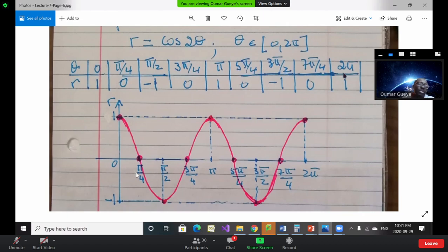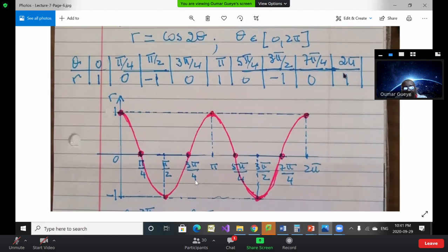And as I told you, based on what we did in the first graph, anytime r equal to 0, it means the curve crosses the pole, because r represents the position on the curve and the pole. If r is 0, it means the point and the pole coincide. So the curve will visit the pole 4 times, because r equal to 0 four times. Okay.